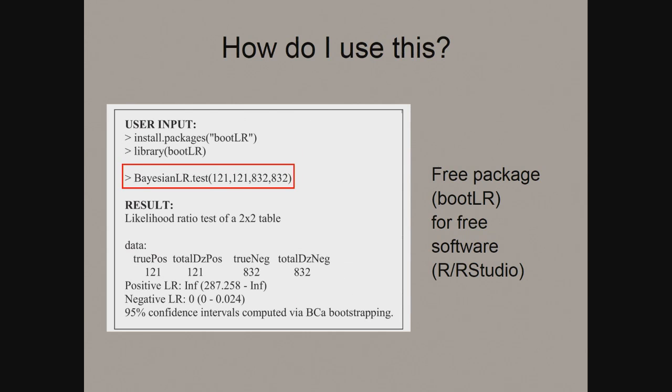And then the final takeaway here is, how do you use this? There's some free statistical software called R. You can download it. If you search for the letter R and statistics or R and programming, it'll be the first hit. You can download that, and then just copy these commands that are in the handout. If you sign up for the thing, we'll send it to you. And then you type in this third command, copy it exactly as is, and include the 4 numbers from your 2x2 table.